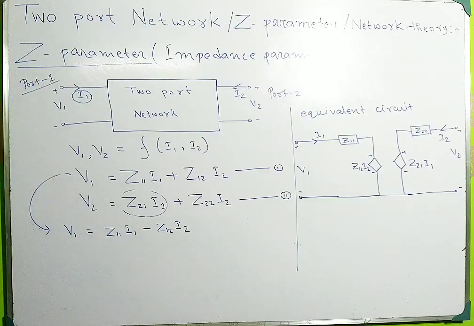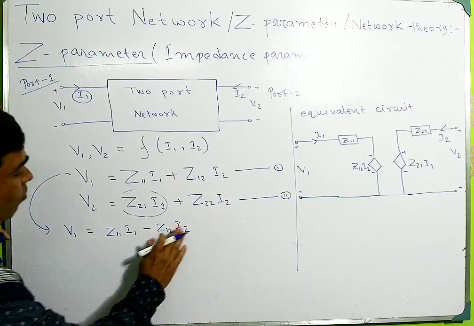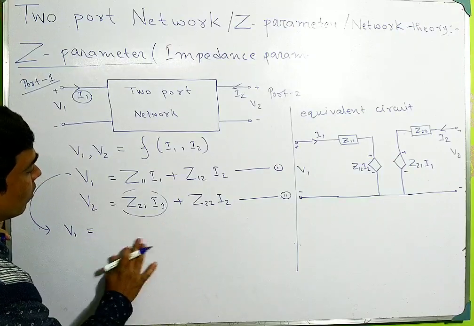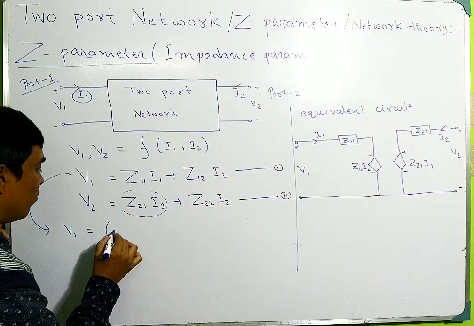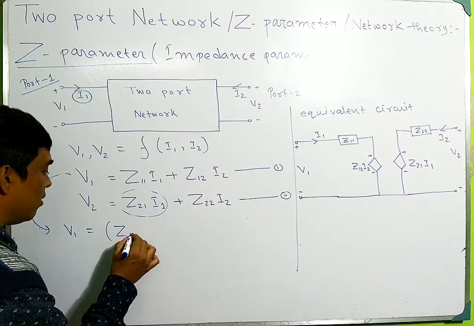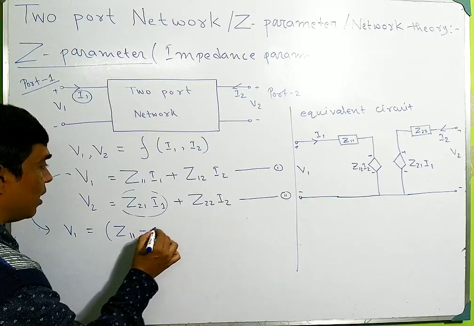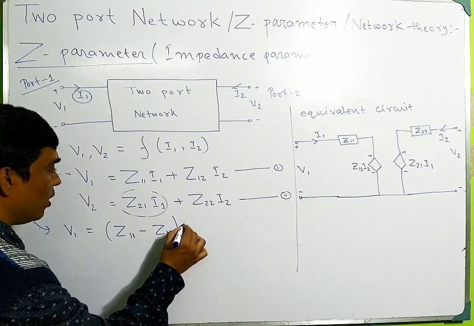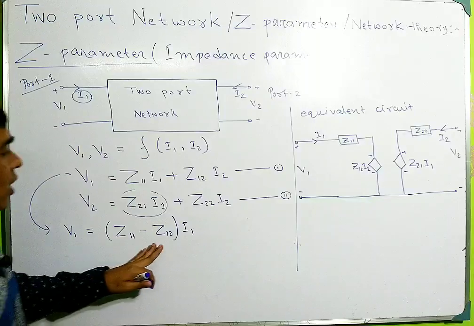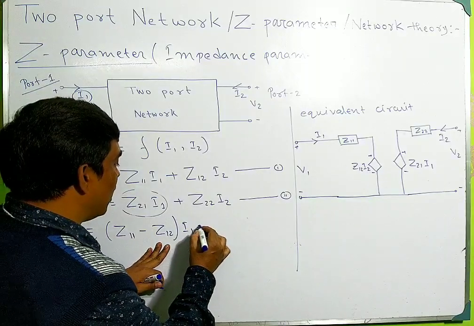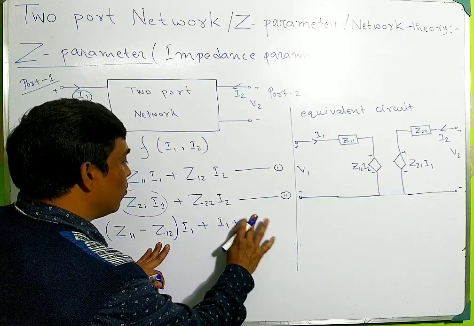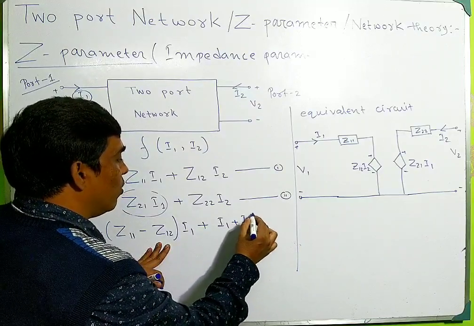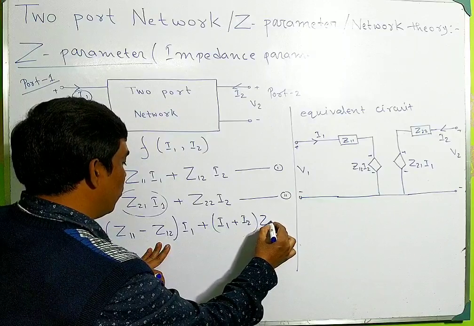So it can be written as (Z11 minus Z12) into I1, plus (I1 plus I2) into Z12.